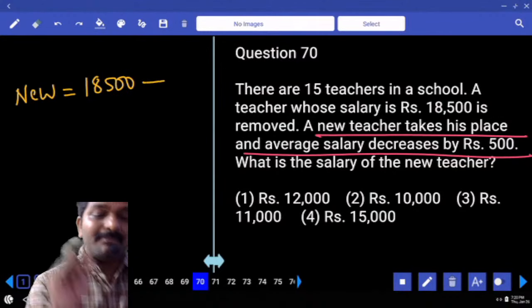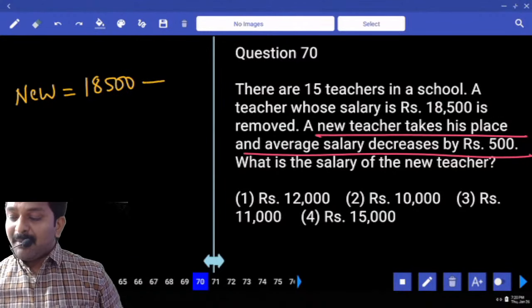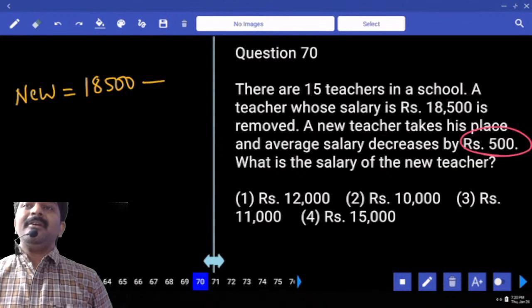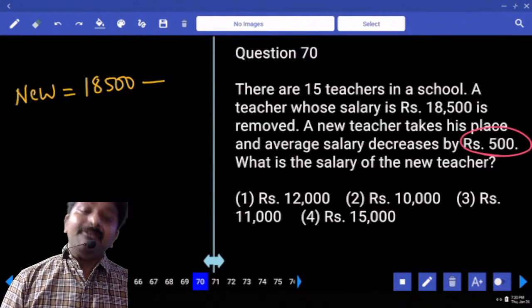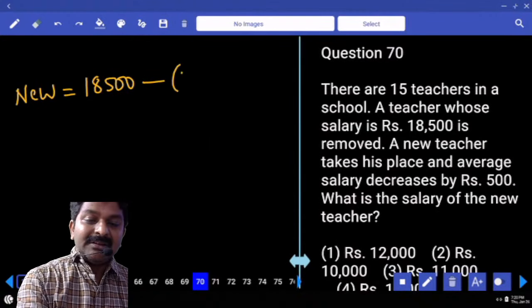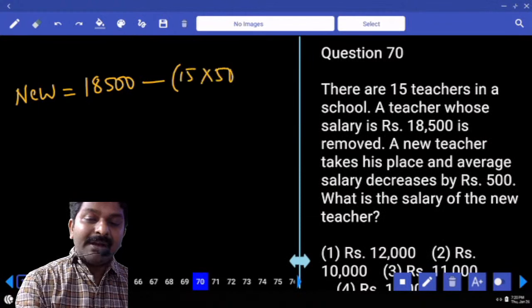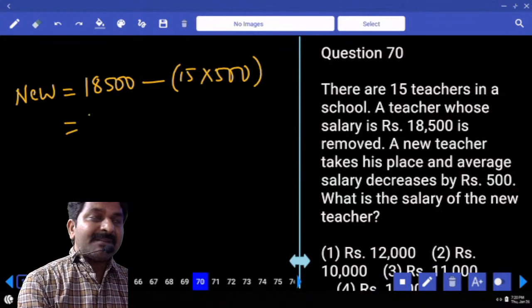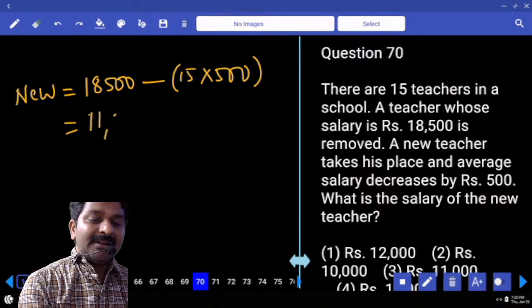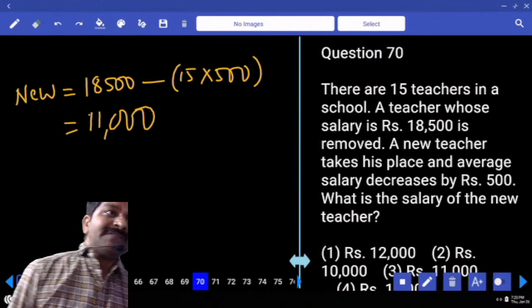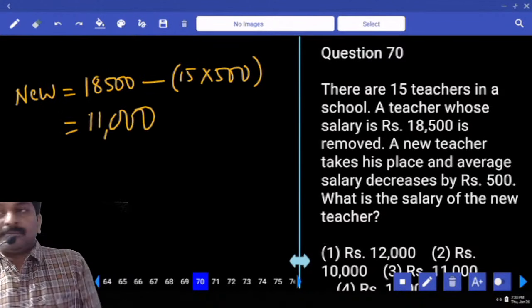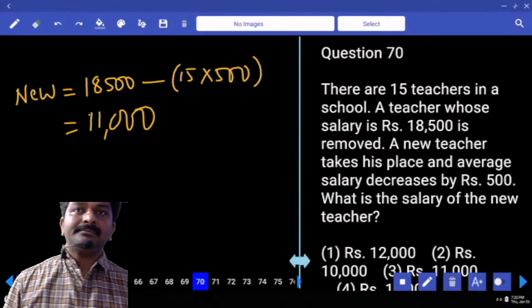Less than. So minus. For each member, the average decreased by 500. For how many people? 15 people. That means 15 into 500, which is 7,500, subtracted from 18,500. Answer: 11,000 is the new member's salary. Over.